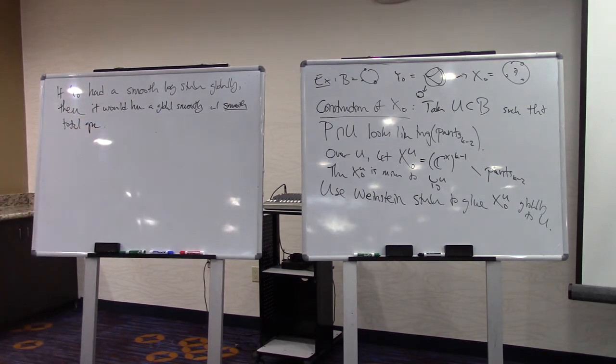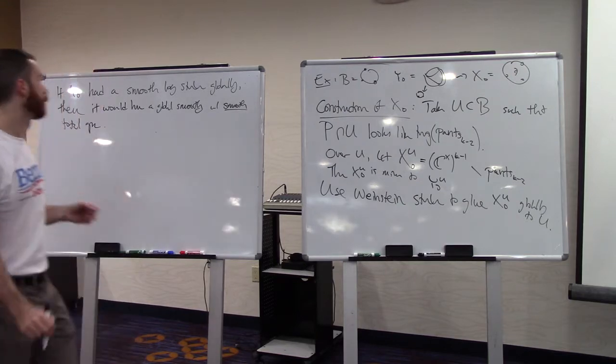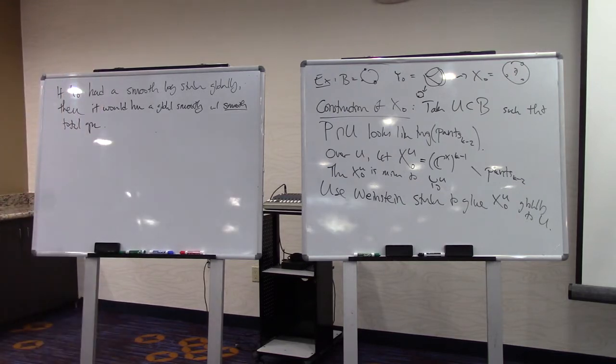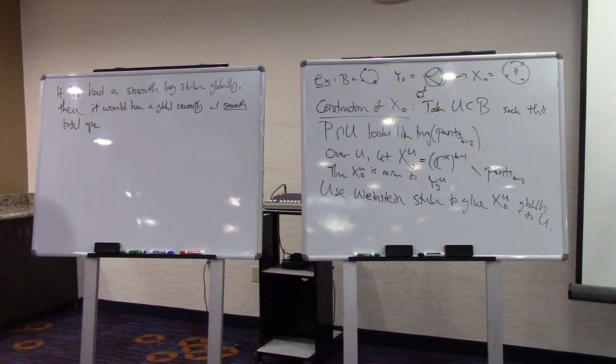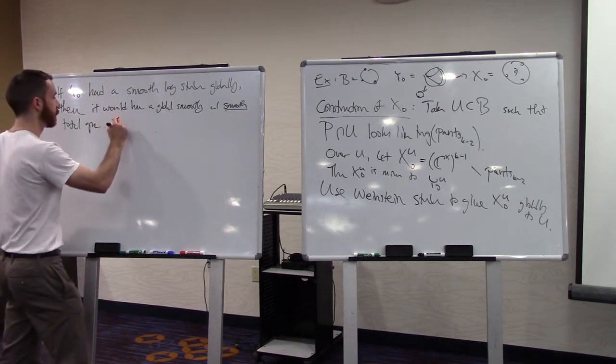So there would be no singularities of this integral affine structure. The singularities of this integral affine structure correspond to the failure of being able to put a global smooth log structure on Y0. In fact, this would be unique.